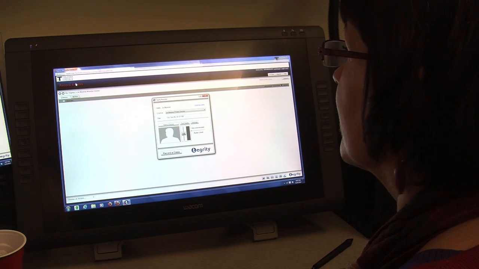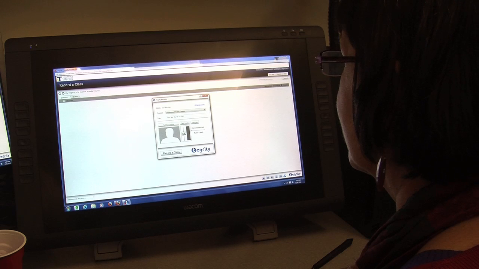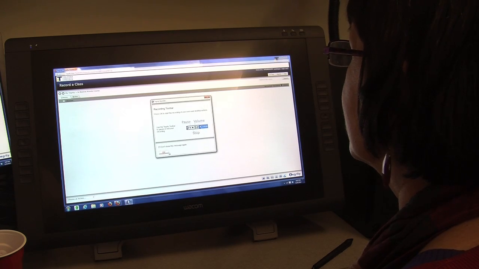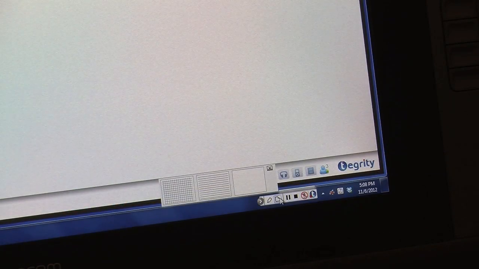So this is our newly acquired Wacom pen tablet, and you would use a Wacom pen to use it on the Surface.